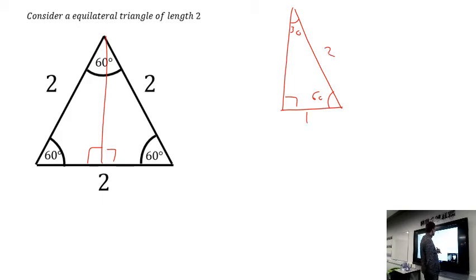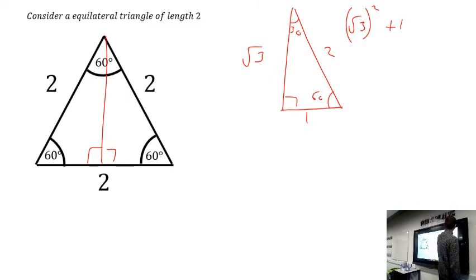This is 1. Using Pythagoras, we saw that this is square root of 3. So you can show that square root of 3 squared plus 1 squared is equal to 2 squared.